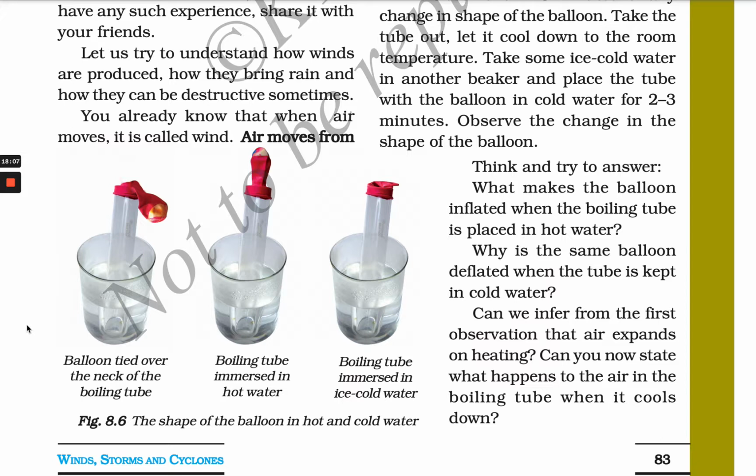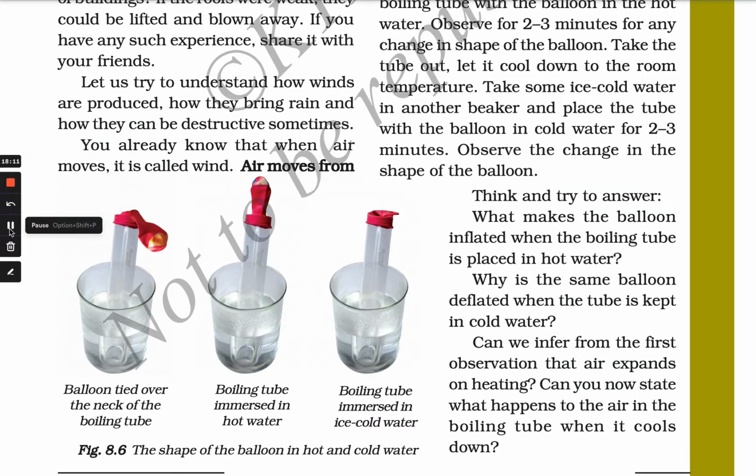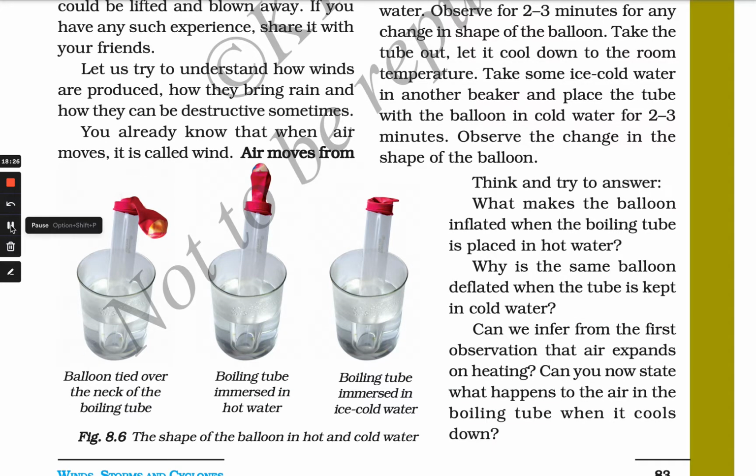So let's try and understand this activity. In this activity, we are going to learn that air moves from a high pressure area to a low pressure area. Okay? And the greater the pressure difference, the faster the air moves.